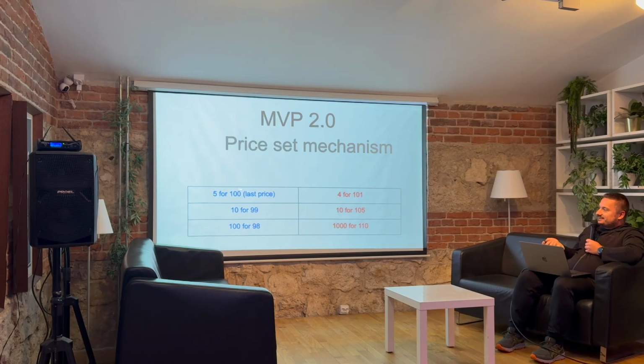So let's check. There are two execution actions possible on most exchanges, and also on the Rust exchange. You can buy something at the market price, or you can buy something at a limit price.